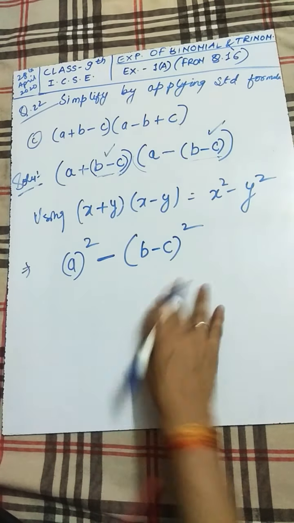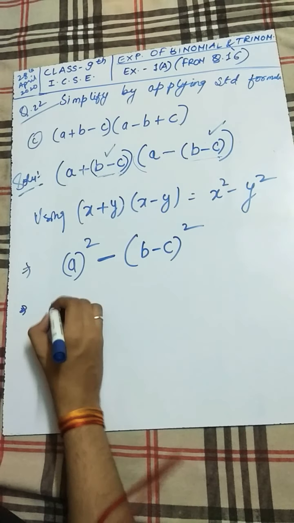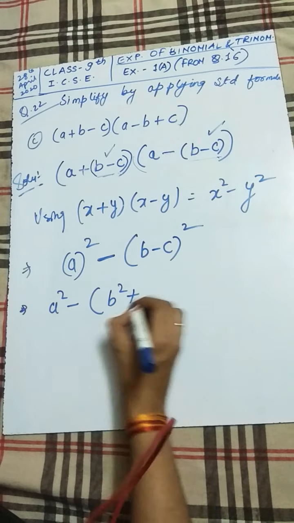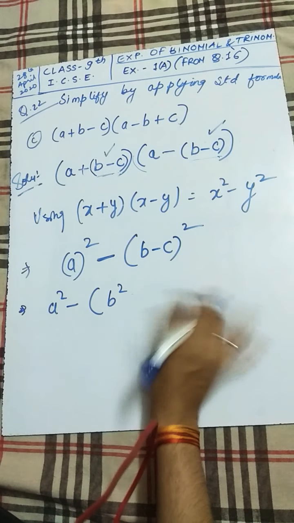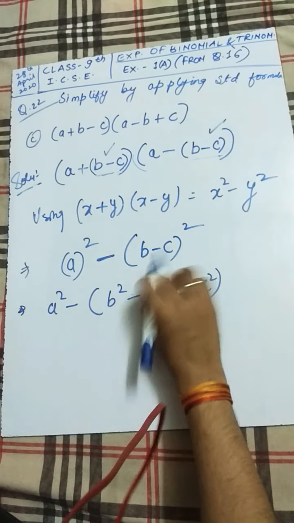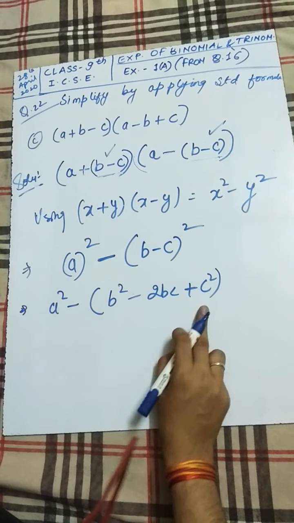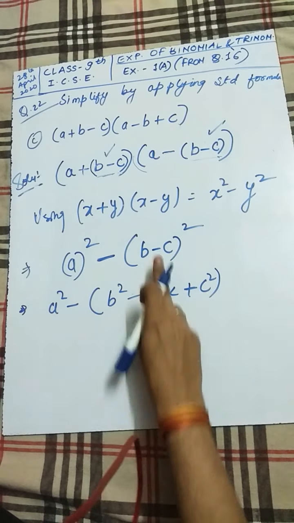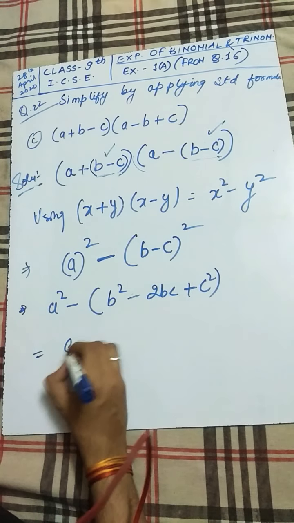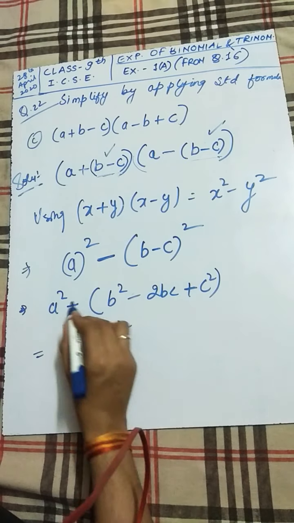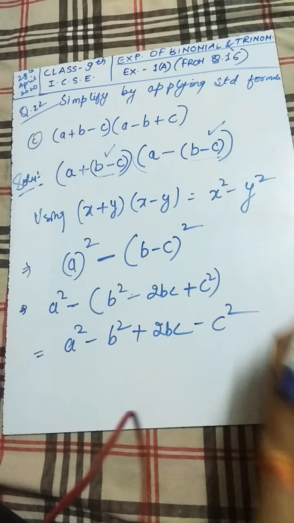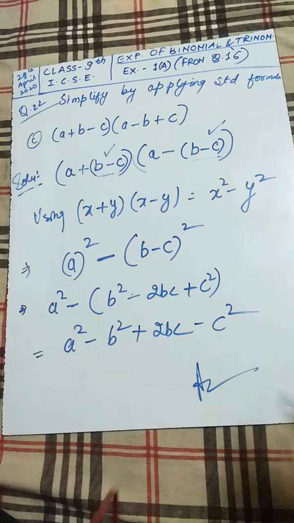Again, if you want to go on further, a square minus, what is b minus c whole square? b square minus 2bc plus c square, where I have used the a minus b whole square identity. Now introduce this minus inside: a square minus b square plus 2bc minus c square. This is the final answer.